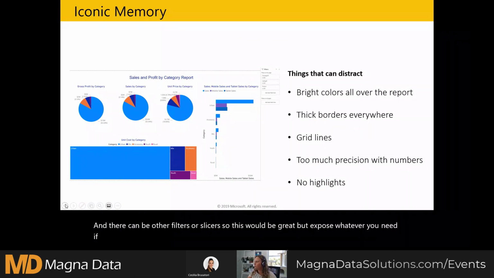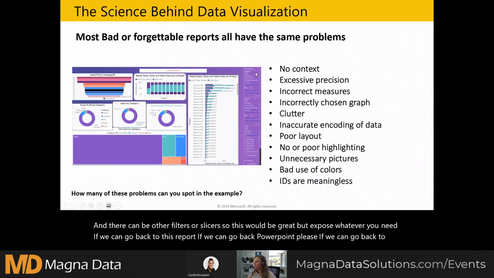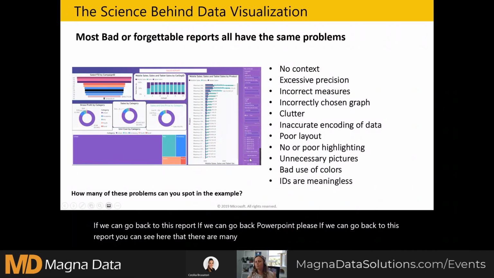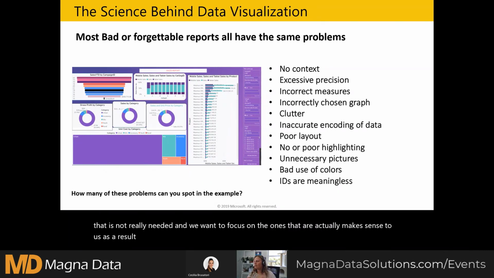If we can go back to this report, PowerPoint please, you can see here that there are many things, including by specific product, that is not really needed. And we want to focus on the ones that actually make sense to us as a result of this report, as a result of what is important for the organization.